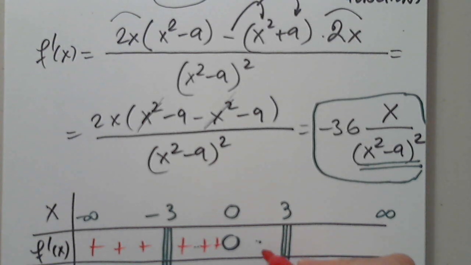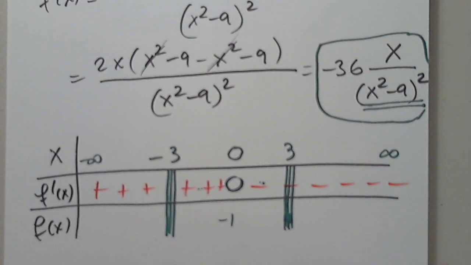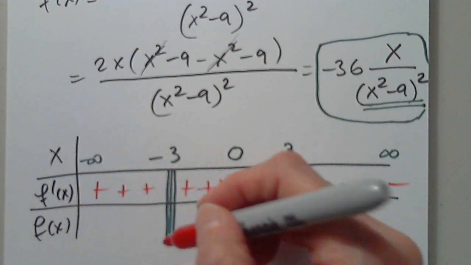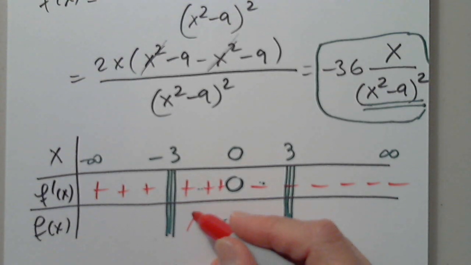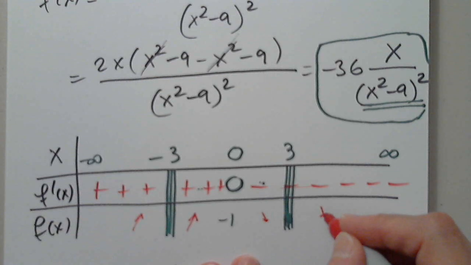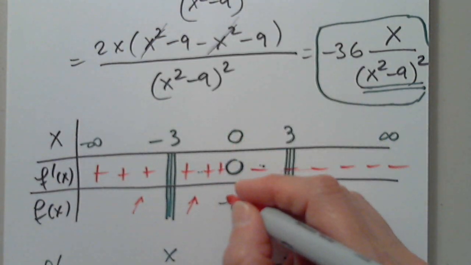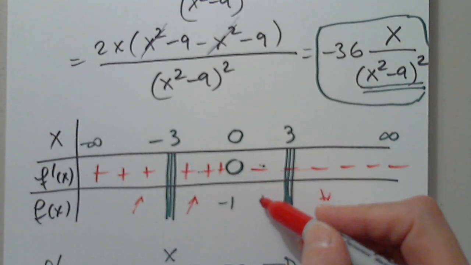What do I get? Negative. Yes. So now, what does the function do when the derivative is positive? Increases. Yes. Good. What does it do when it's negative? Decreases. Excellent. Now we know exactly what is 0, -1. What type of point is 0, -1?